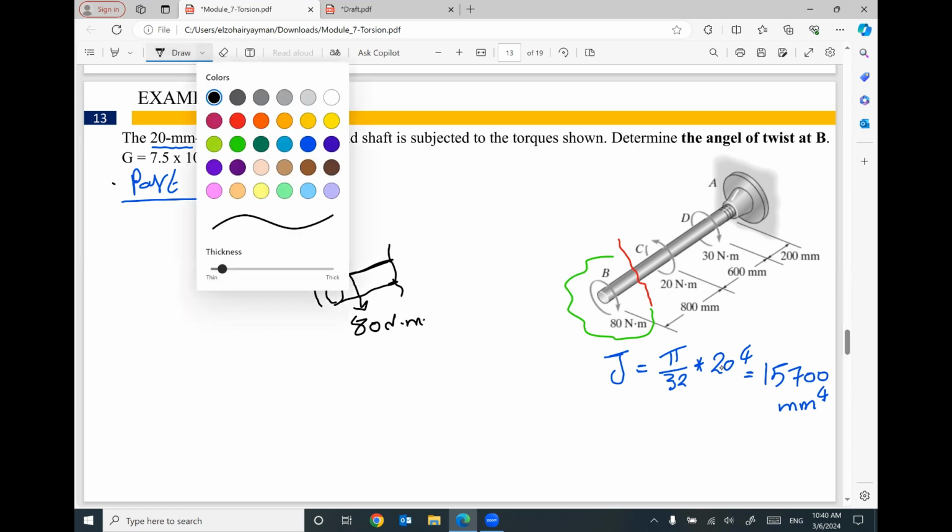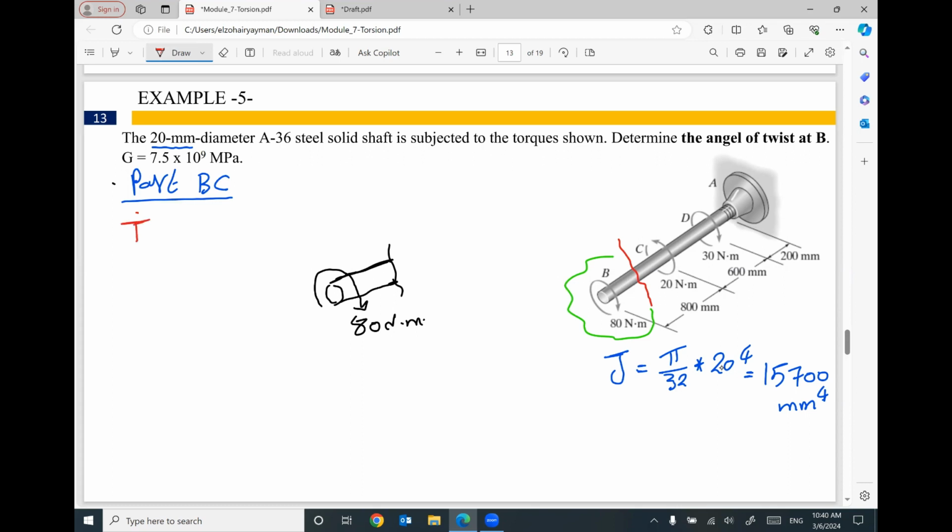This 80 Newton meter will give you the value of the torque at this cut, nothing else. This torque will be 80 Newton meter clockwise. If we assume clockwise is our positive value, then counterclockwise will be negative. So I'm going to assume this value will be positive. If you assumed something else, that's fine. The length of this part BC equals 800 millimeter.